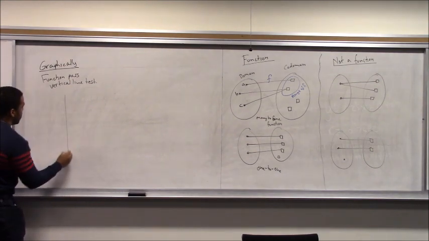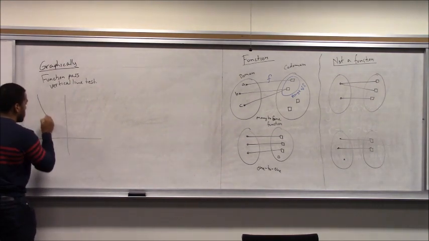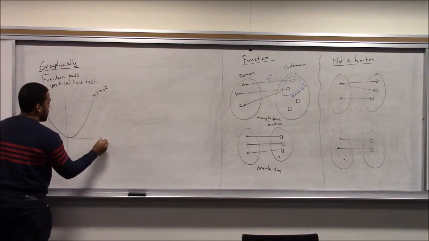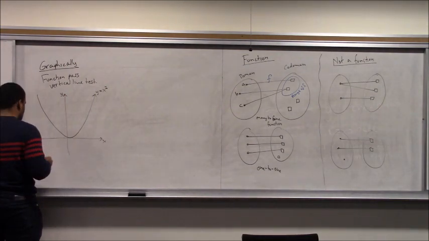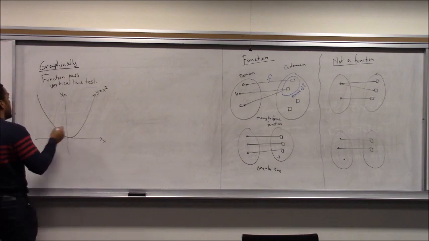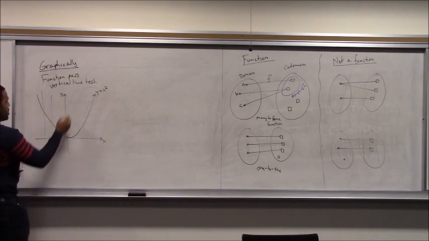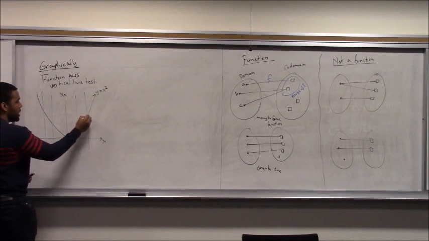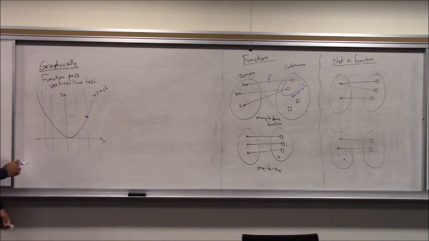So for example, y equals x squared is a function. If x's are here and my outputs are here, any vertical line will touch this function at most one time. It means every x value will only be connected to one y value and no more.